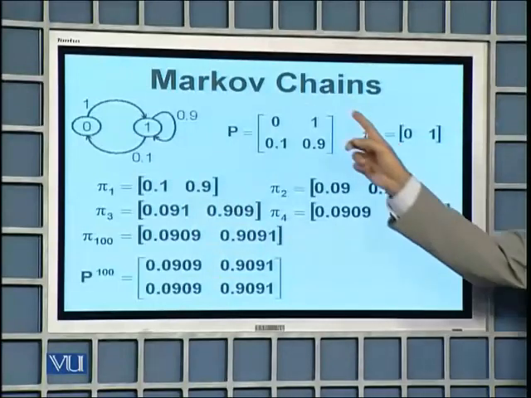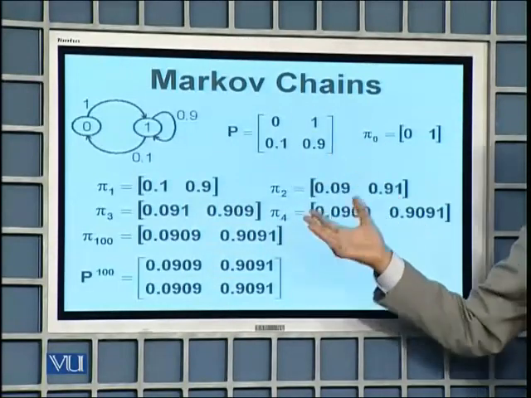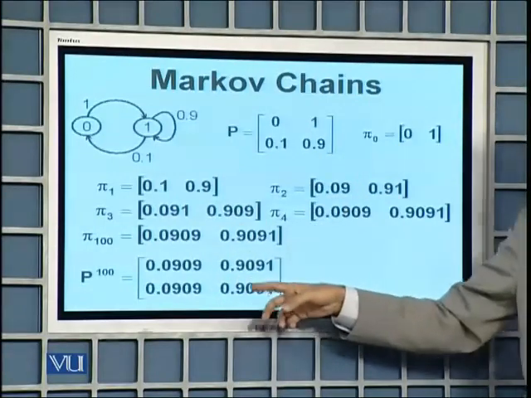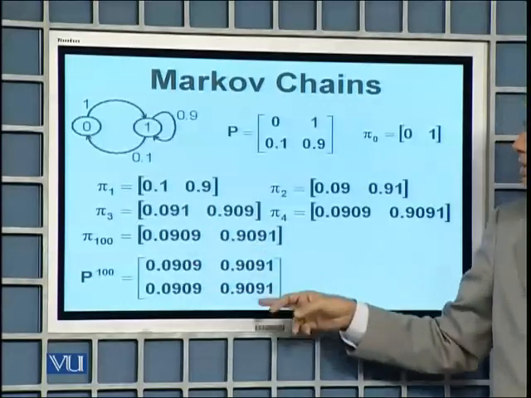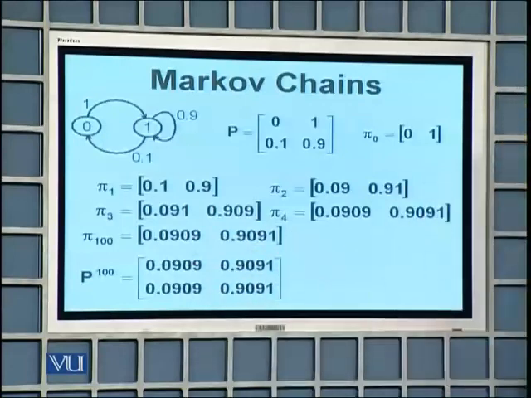So this transition matrix P and its convergence to a certain matrix and the values in this converged destination matrix give you a lot of information about the behavior, particularly asymptotic behavior of this particular Markov chain.